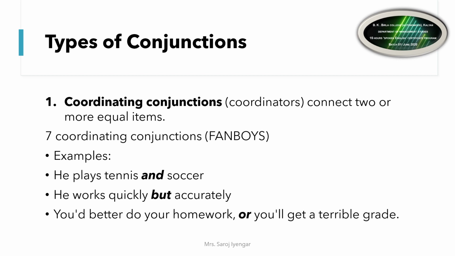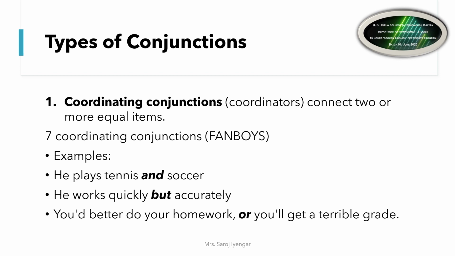Now these coordinating conjunctions are of 7 types. There are 7 coordinating conjunctions which we use in English grammar, which we call FANBOYS. Now what are these FANBOYS? These FANBOYS are for, and, nor, but, or, yet, so.